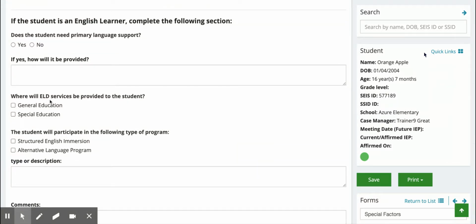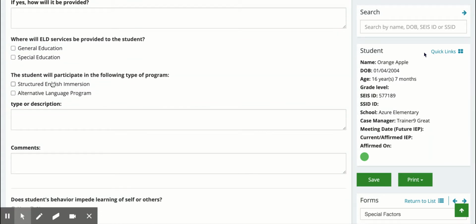Where will ELD services be provided to the student? There are two options that ELD services can be provided to a student: in the general education setting or in the special education setting. Please click the appropriate one.